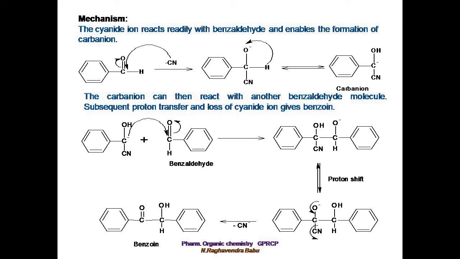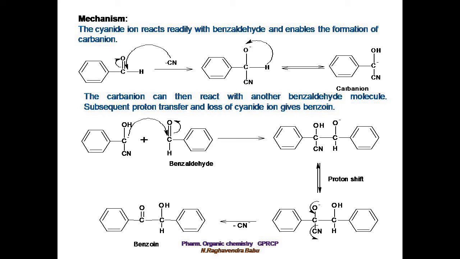The main points to be remembered in the benzoin condensation are: it is basically a reaction between aromatic aldehydes in the presence of a base such as potassium cyanide or sodium cyanide to form alpha hydroxy ketones. 2 moles of benzaldehyde are used, and the cyanide ion is the generated intermediate, which reacts with 1 mole of benzaldehyde to form a carbanion.